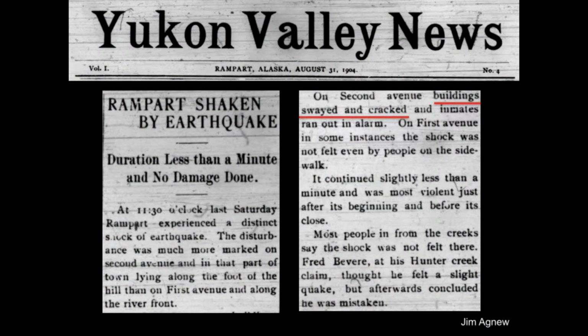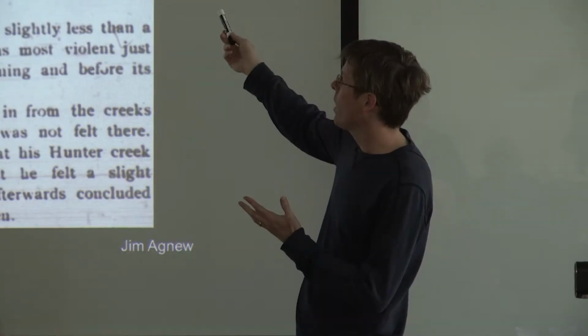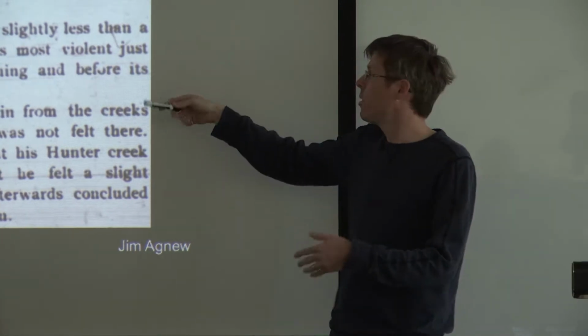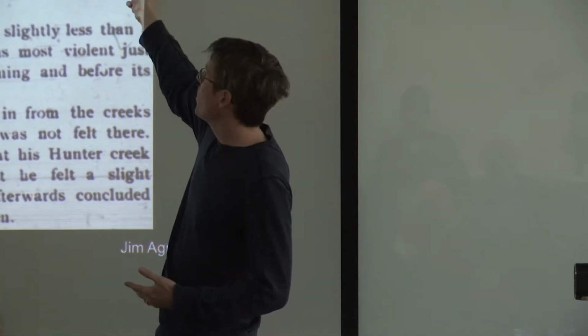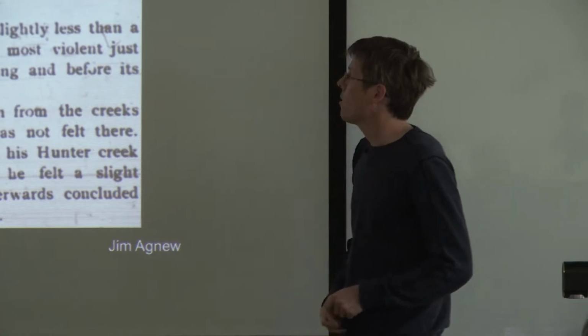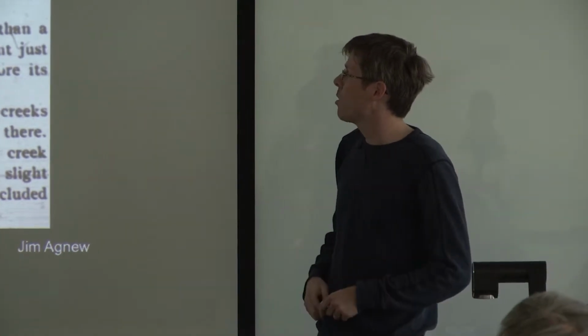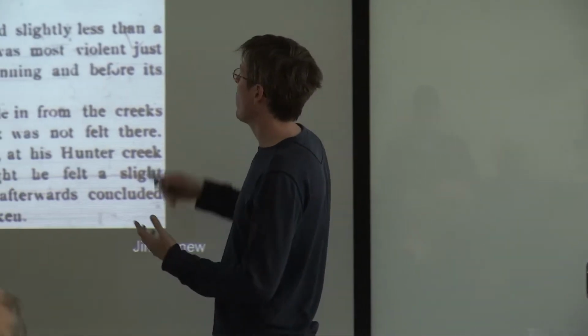So here's the story from the Yukon Valley News out of Rampart, and one of the big discoveries from this was a new discovery from the newspapers, just identifying this earthquake that happened far away. They said: 2nd Avenue, buildings swayed and cracked, inmates ran out in alarm. In some instances, the shock was not even felt by people on the sidewalk.